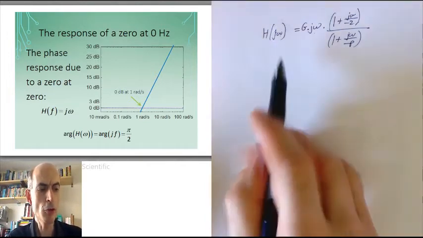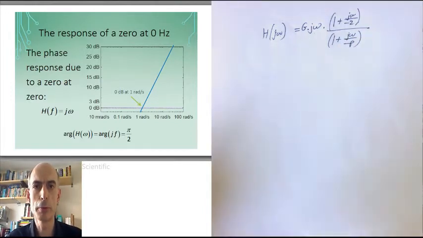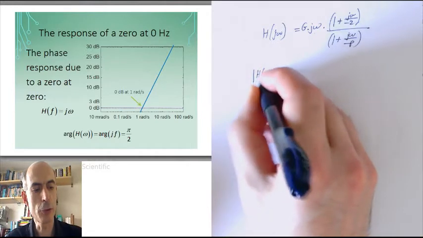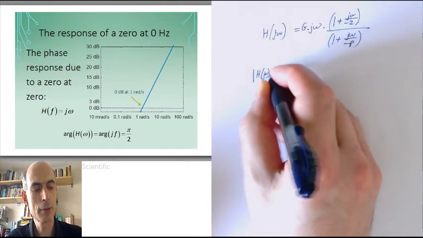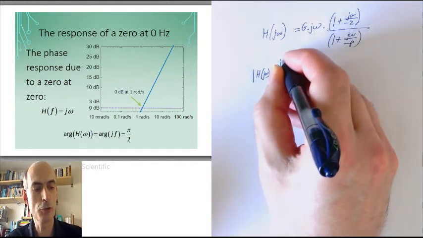Now, if you consider writing each of these terms in its polar form, I could write this as the magnitude of the frequency response times e to the j, the phase of the frequency response.